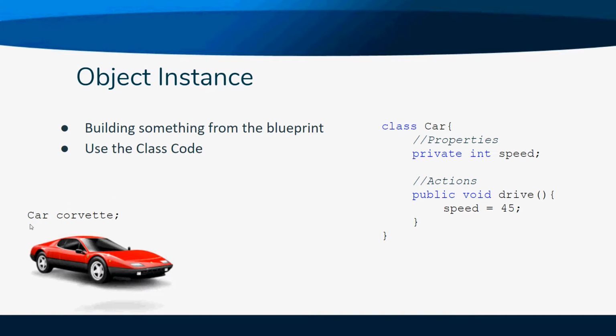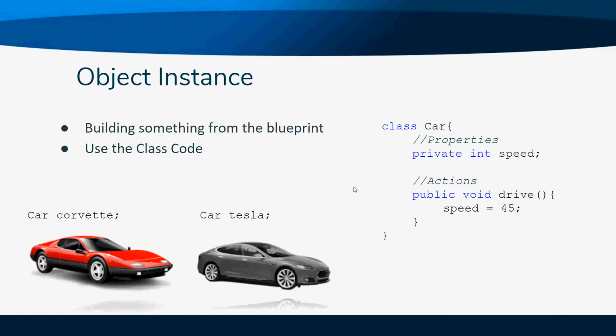So instead of int number, we have car Corvette. Corvette is a type of car. It is built from our blueprint that we created over here with this code. You could also have a car Tesla. I have 2 different cars created from the same blueprint.